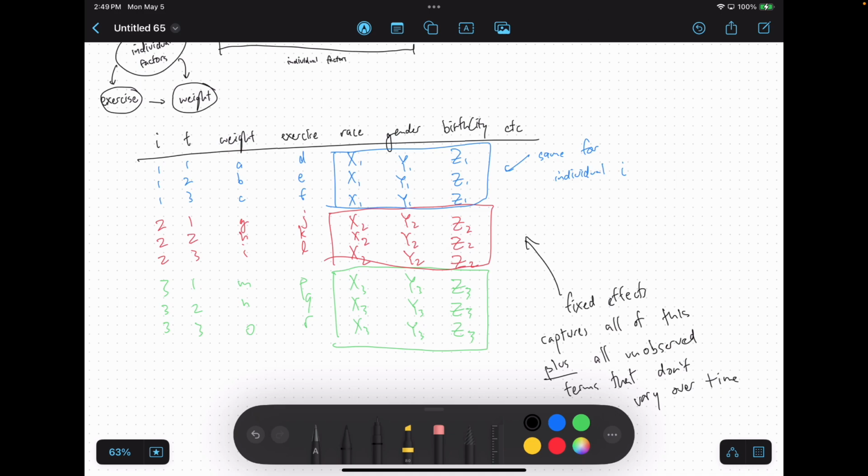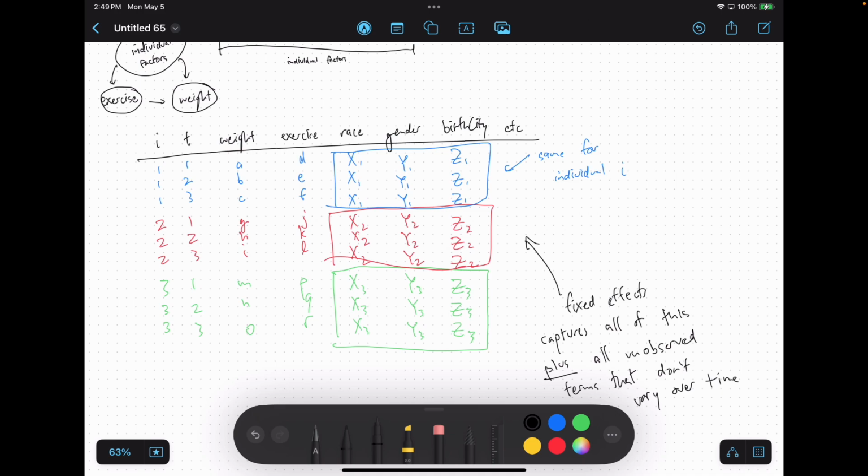And in fact, doing this controls not only for race. One of the ways that you can think about this conceptually, but is actually not commonly done this way, is if you were to include a dummy variable for every individual, that not only captures all aspects of race, gender, birth city, but anything else related to the individual that isn't changing over time.